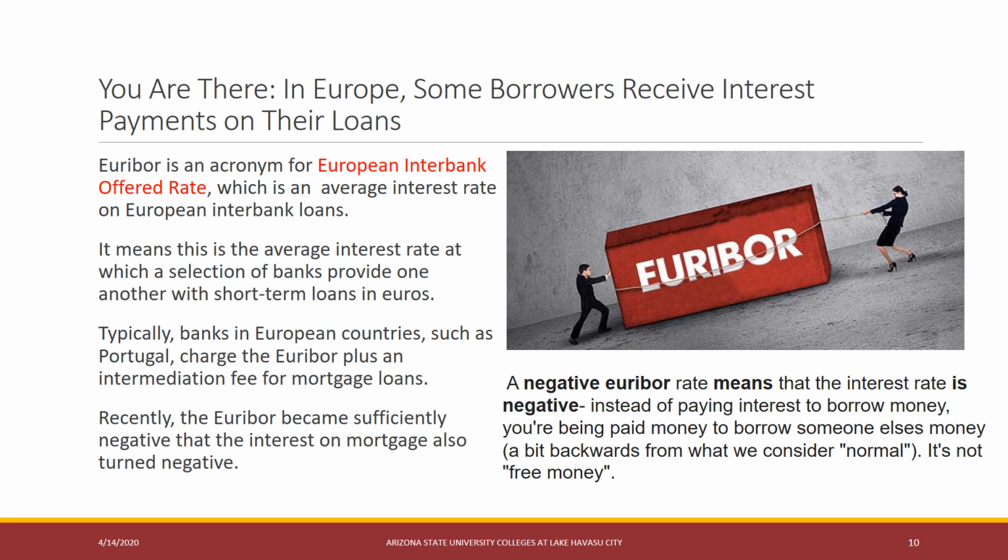So, we can say that it is the average interest rate at which a selection of banks provide one another with short-term loans in euros. Typically, banks in European countries such as Portugal charge the Euribor plus an intermediation fee for mortgage loans. Recently, it became negative, and it means that the interest on mortgages also turned negative.